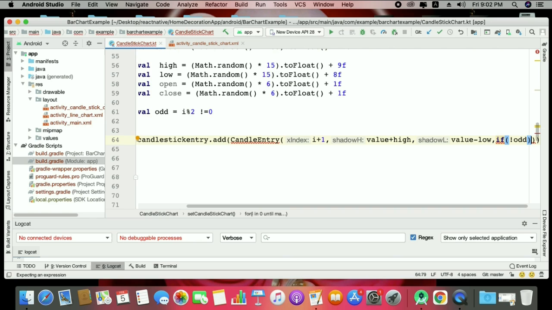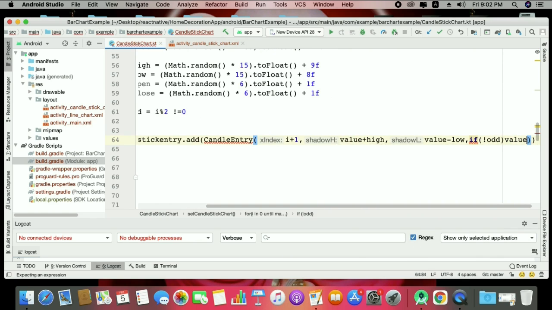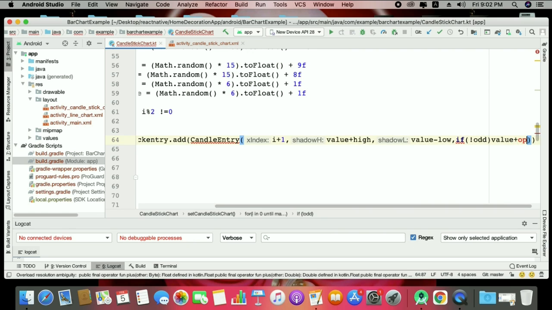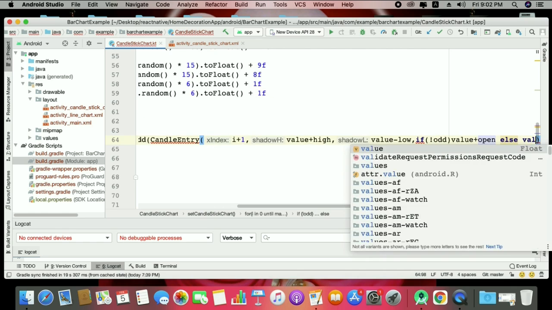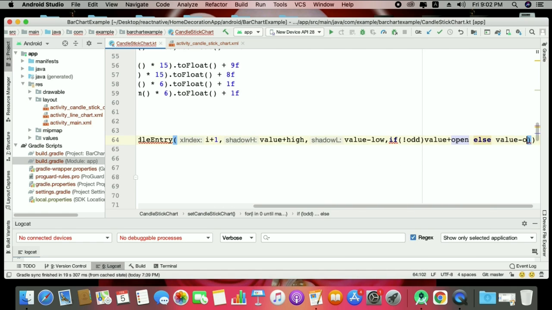So what we need is value plus open, else value minus open.